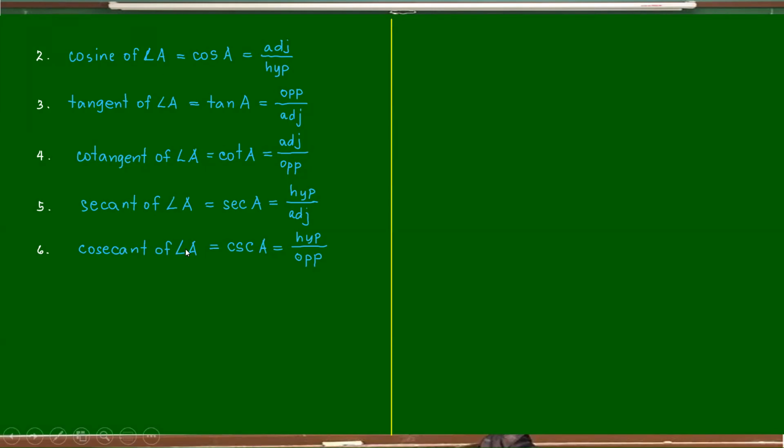The only difference is that instead of limiting our angle to a positive acute angle, we're going to go beyond 90 degrees or less than 0 degrees, and even quadrantal angles like 0, 90, 180, 270, and 360, and so on, together with their negatives. So we can get their trigonometric functions.